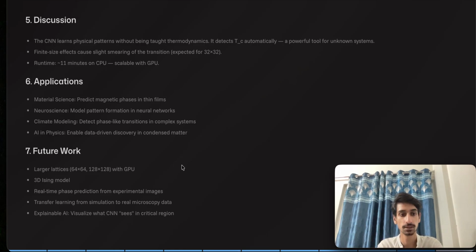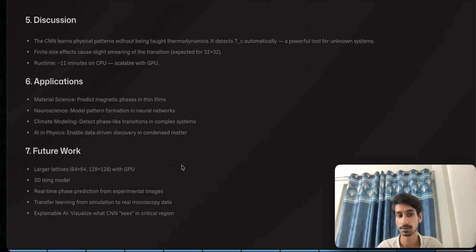So the applications of this project are in material science: use CNN to predict magnetic phases in thin films, for example hard drives and sensors. We don't need to measure, just image the surface, and AI says ordered or disordered.